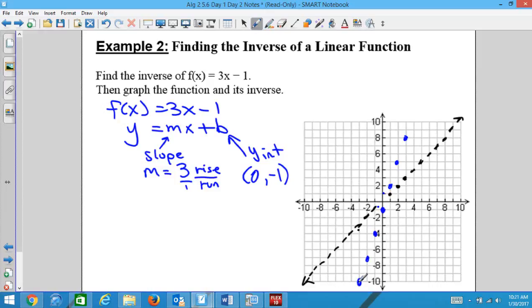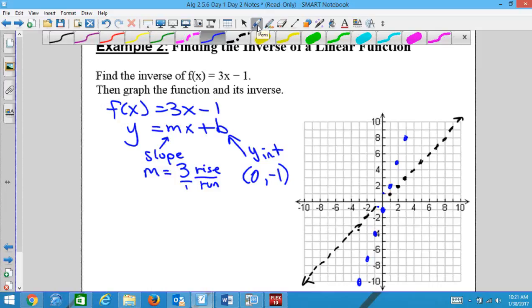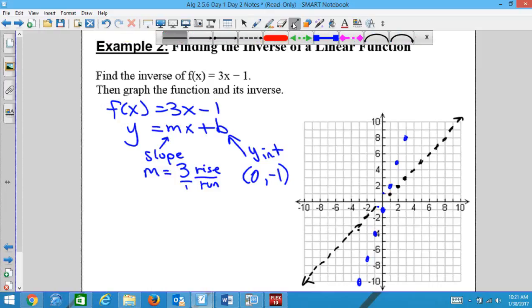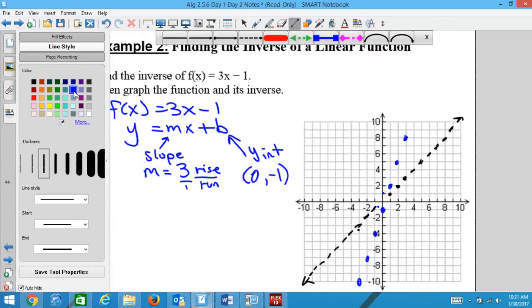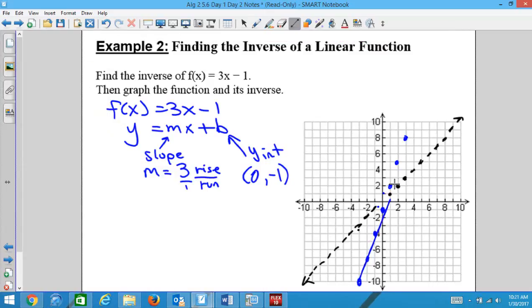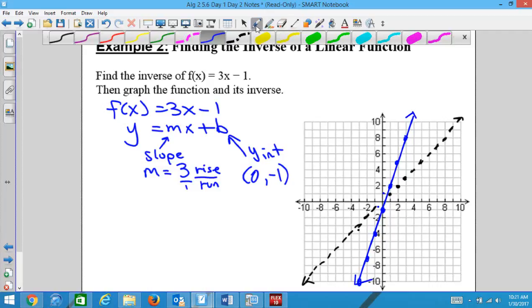If you're using a highlighter, you can just highlight over the line that you have. I really don't use my color until I've plotted the points, just to make sure they're right. And then I have arrows at the end of my line because it goes on forever.